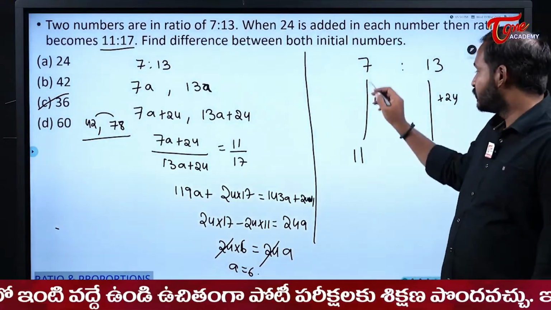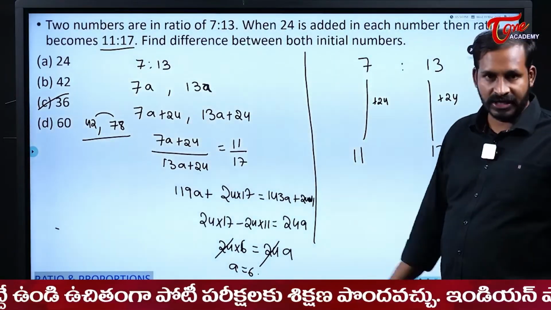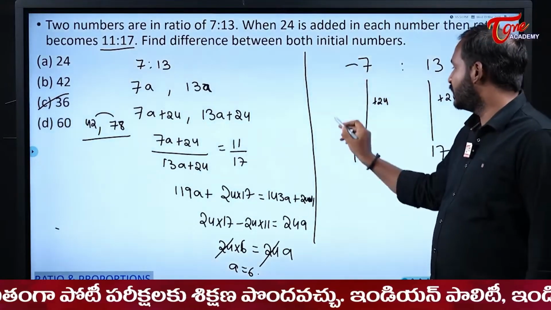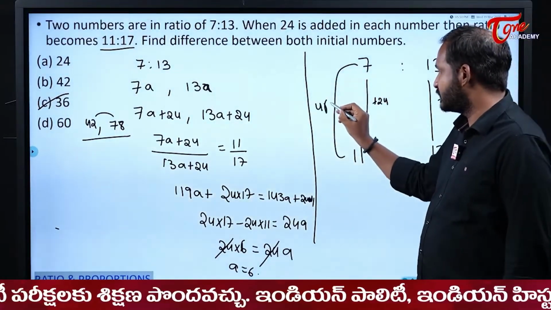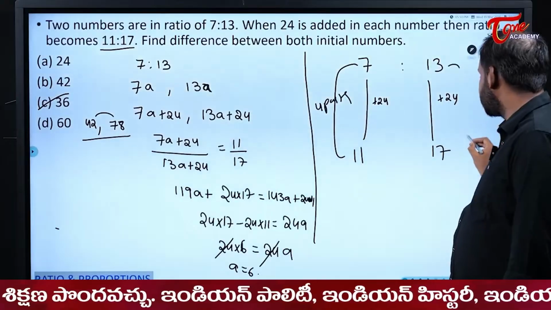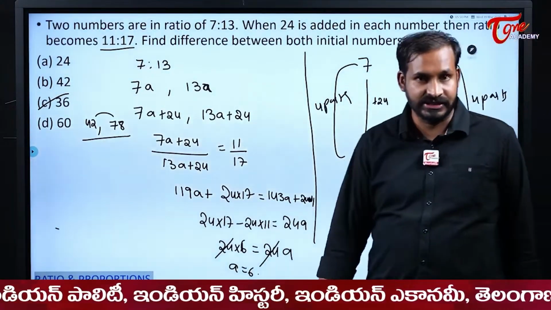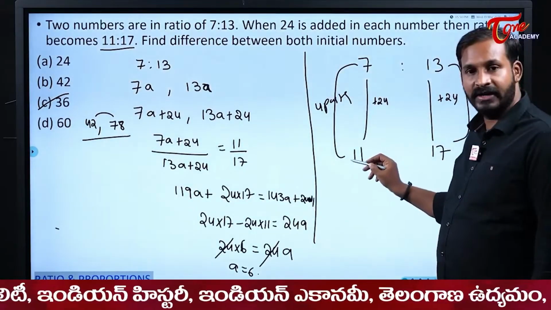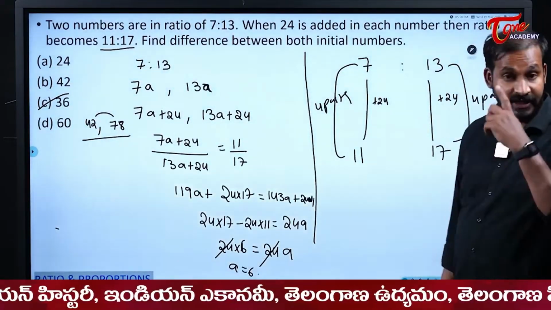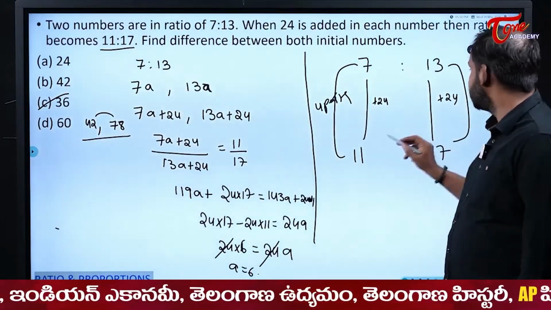Remember this one. From here to here, how many parts is the difference? 4 parts. The same 4 parts difference is there here also. Why? Because we are adding a constant. From 7 it became 11, and from 13 also it became 17. So that means 4 parts change here, 4 parts change.